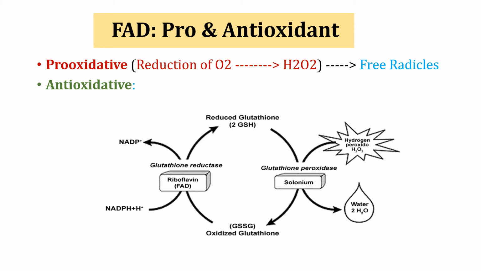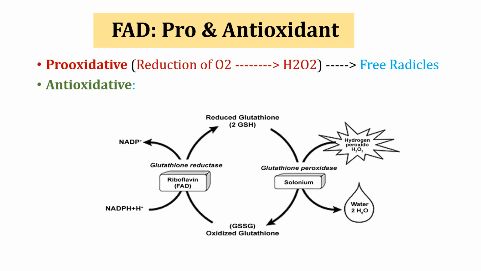And antioxidative property is via reduction of glutathione. It is required for formation of reduced glutathione, which is required for activity of glutathione peroxidase enzyme. This enzyme converts lipid peroxides or hydrogen peroxides into water, and in this process reduced glutathione is converted into oxidized glutathione.